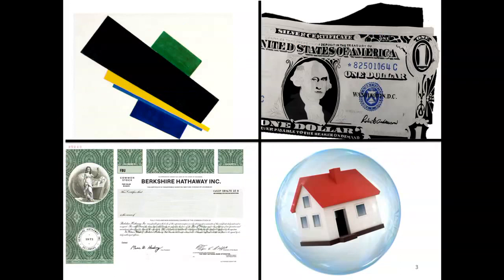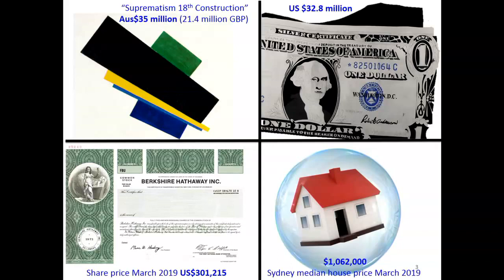So here we have a painting. Here we have a painting of a dollar note. And here we have Berkshire Hathaway shares, and there's a house. Which of those concepts are explicable in terms of finance? Let's have a look at the price at which they sell. The painting has sold for $35 million.